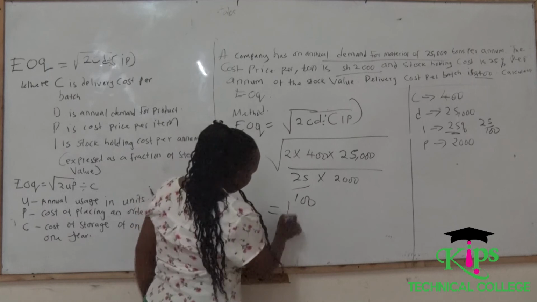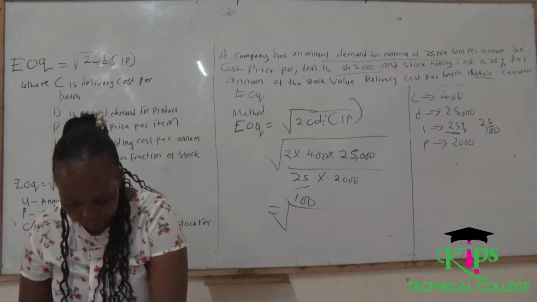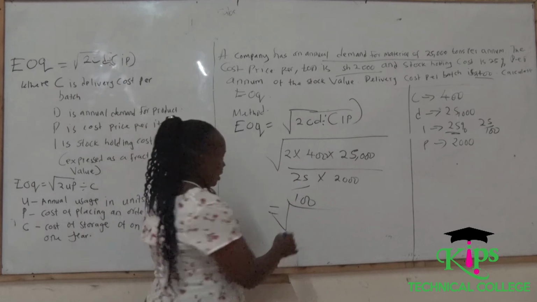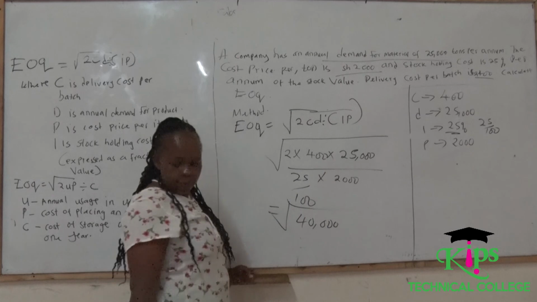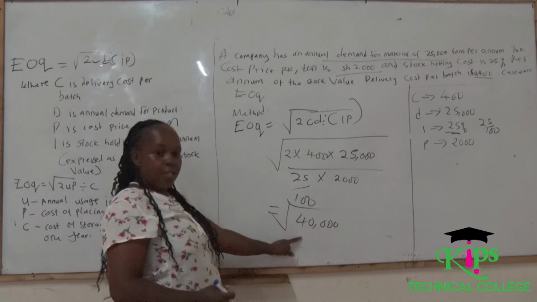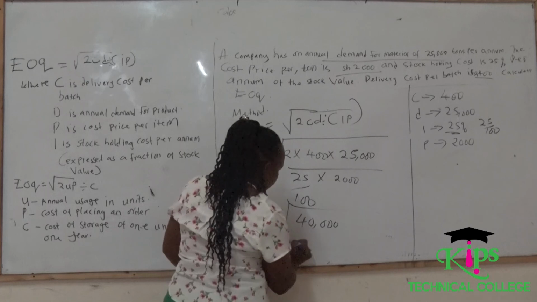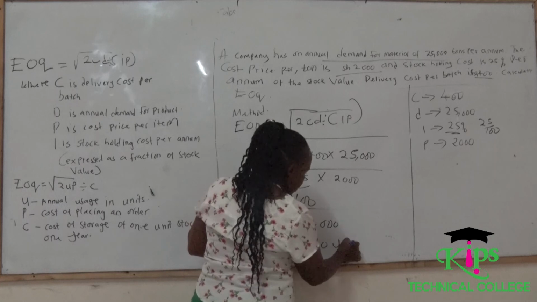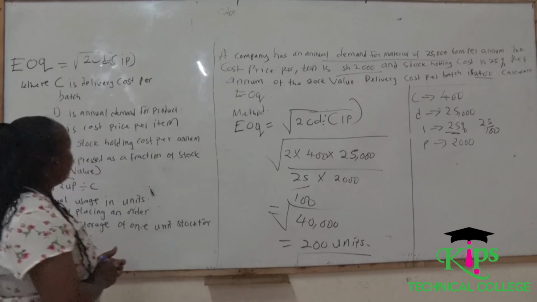When we multiply and divide, we get 40,000. Then we take the square root of 40,000. Using your calculator, the square root is 200 units.